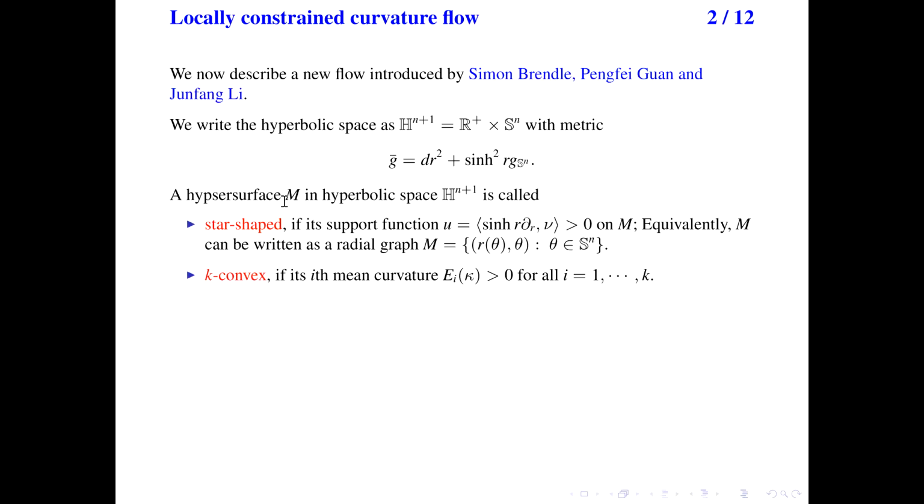And a hypersurface M in the hyperbolic space is called star-shaped if its support function u is positive on the hypersurface. Here, the support function is defined as the inner product of sinh r times the unit normal vector nu. Equivalently, this means that the hypersurface can be written as a radial graph.